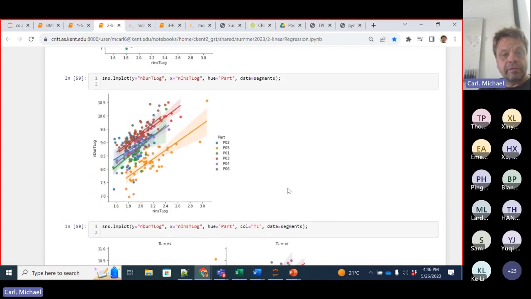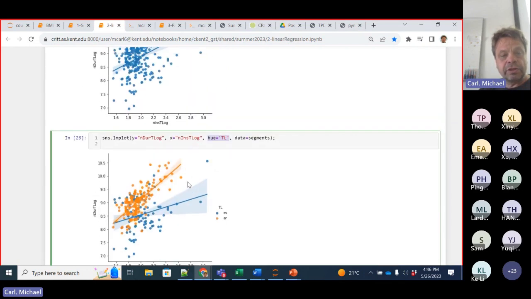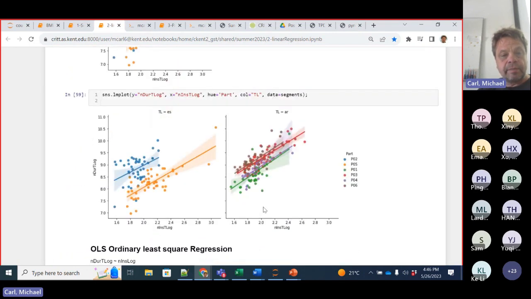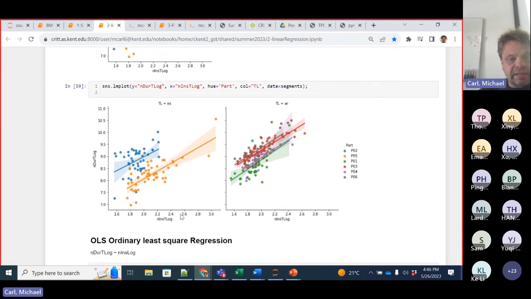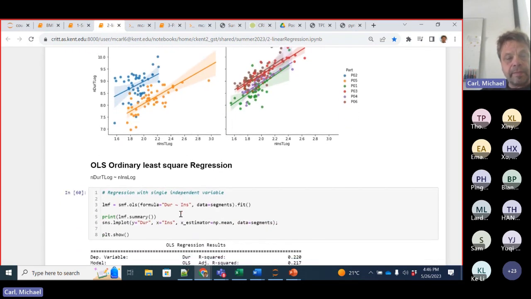But then if we look into the participants, we can see that this was an illusion, based on the fact that there is one very fast translator and the others are not so fast. And this makes it look like that.